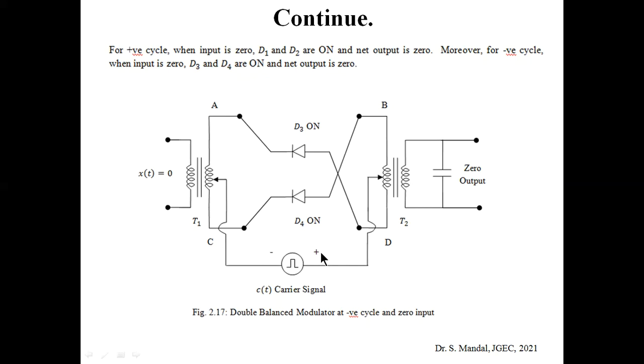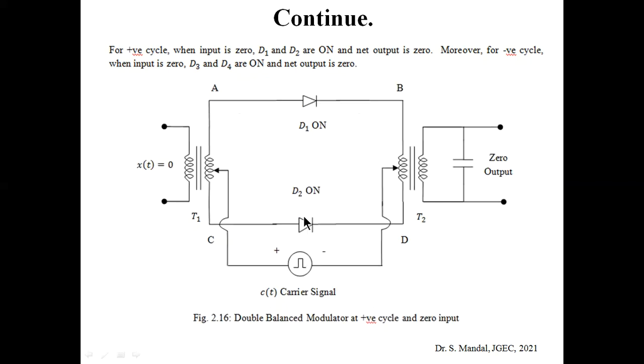Okay, remember that in forward bias the diode will be on, and in reverse bias the diode will be off. Using that concept, you can see that in the negative cycle, when this point is negative at A and C, D3 and D4 will be on, whereas the others will be off.